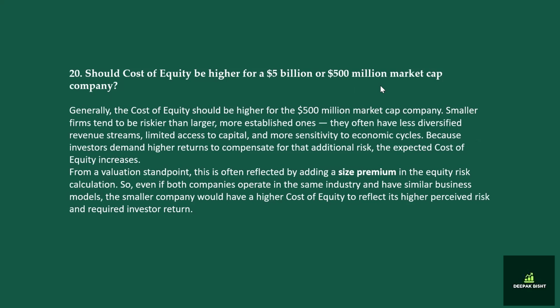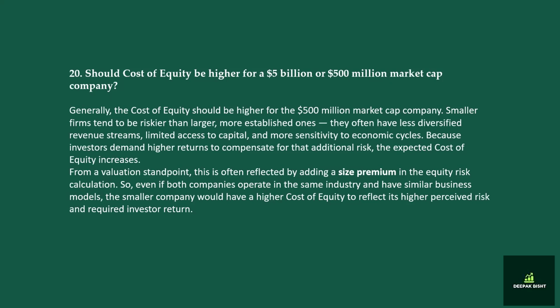And why so? There are several reasons for that. Small size means size-related risk is there. Smaller companies tend to be inherently riskier than large companies, and they have less diversified revenue streams. This means that a single product or client can account for a large portion of revenue.